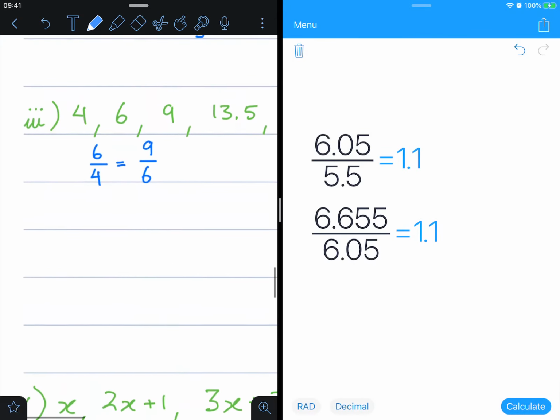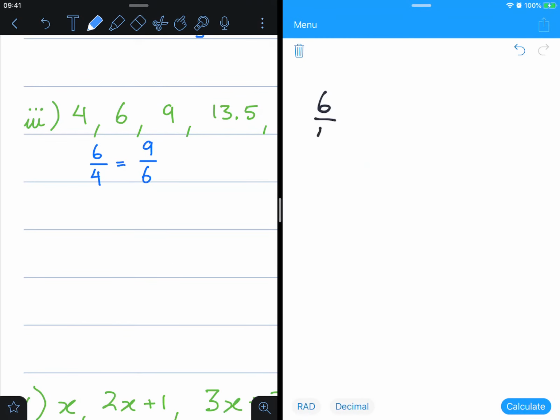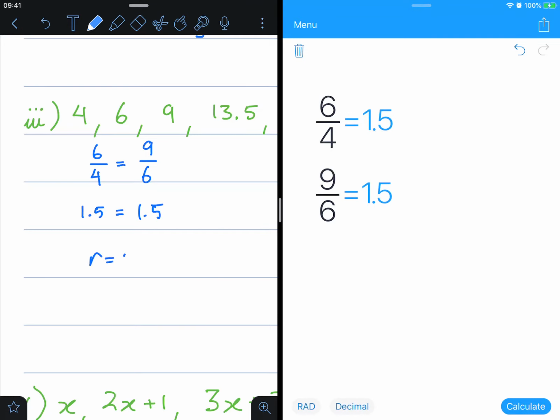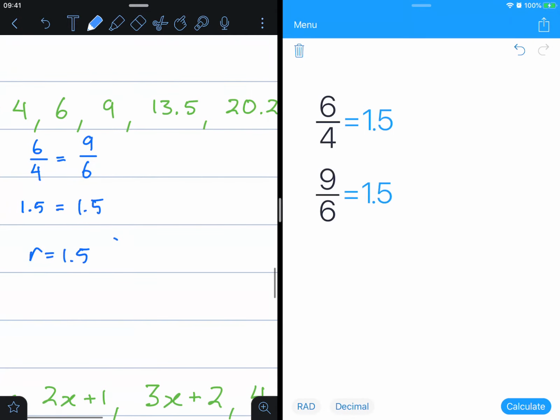Let's double check. 6 divided by 4 is 1.5, or you can leave it as a fraction, 3 over 2. And 9 over 6 is also 3 over 2, which is 1.5. So our common ratio is 1.5, and this would make it a geometric progression.